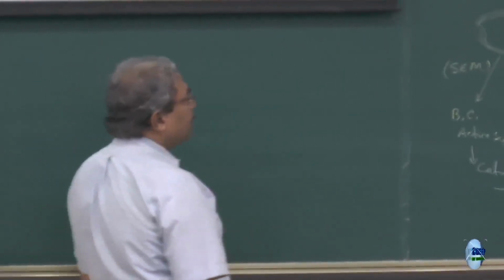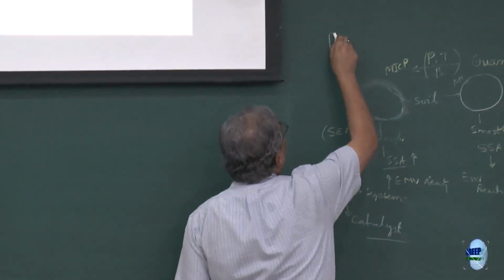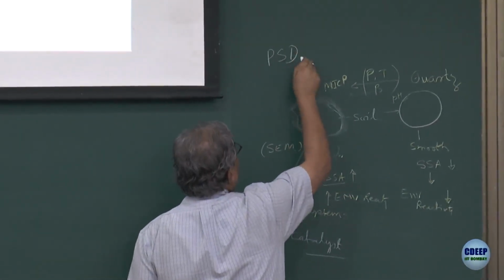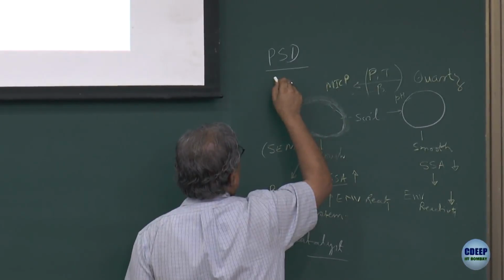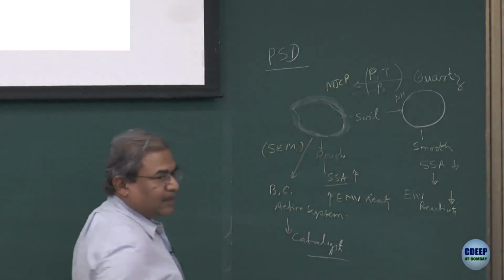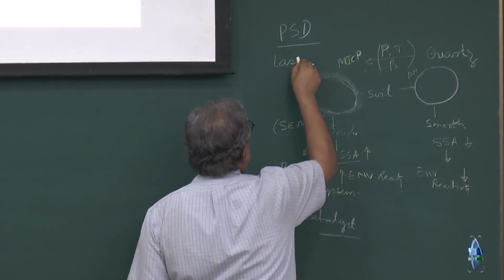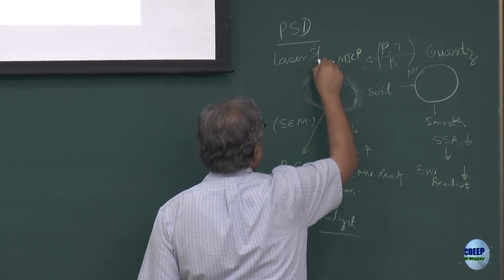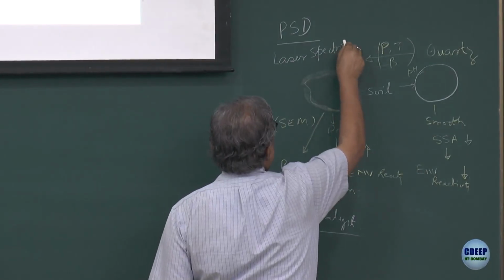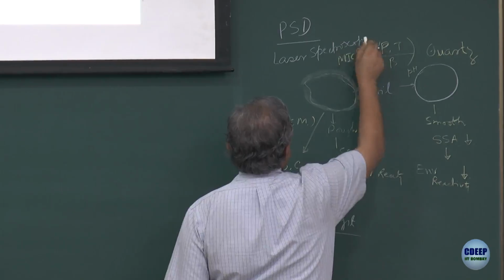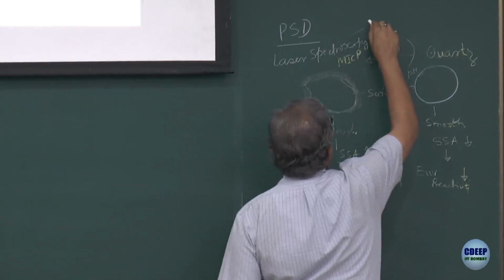As far as the particle shape is concerned, we do particle size distribution, and there are different equipments which I will be talking about, which are all laser spectroscopy, which will tell you about the morphology of the particles.